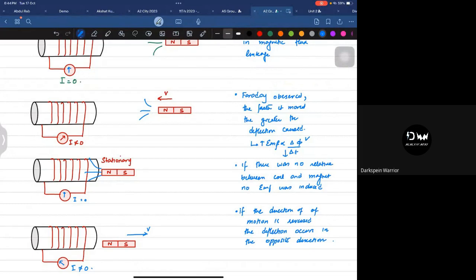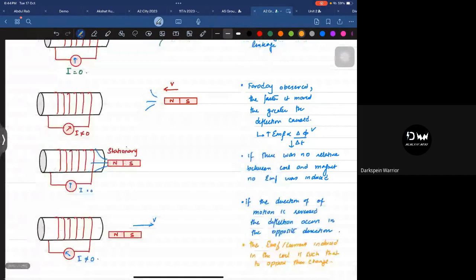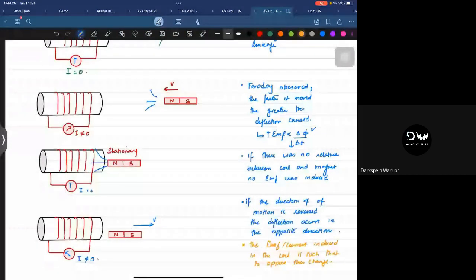Now, why is that? Because the EMF or current induced in the coil is such as to oppose this change. Now, how does it oppose the change? You see, when the magnet was moving towards the coil, the coil doesn't want this magnet to come near it.